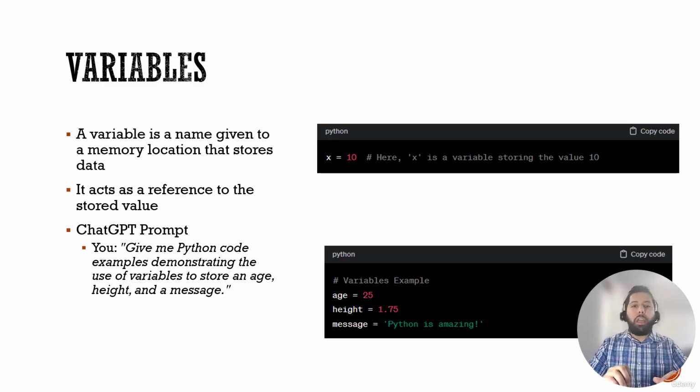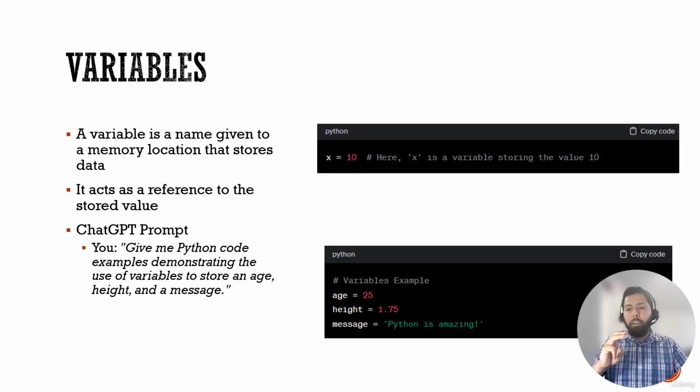Okay, so variables, they act as a reference to the stored value. I think it's a really easy way to think of it. So it's a reference to a stored value. Now, using ChatGPT or AI guidance, just as an overview, if you wanted Python code given to you by ChatGPT, you can simply craft a nice little message there and say, give me Python code examples demonstrating the use of variables to store an age, height, and a message.